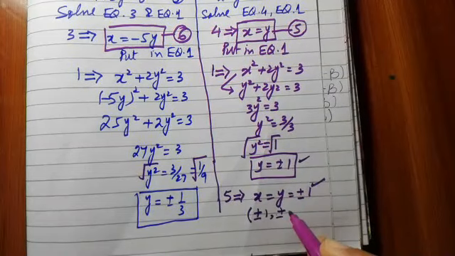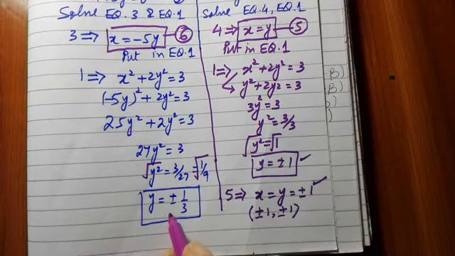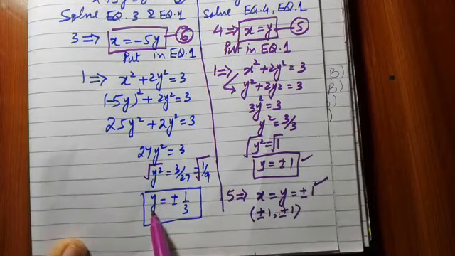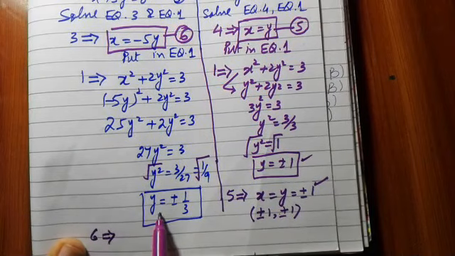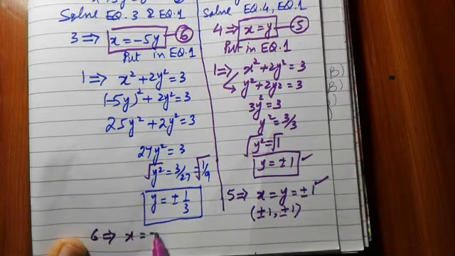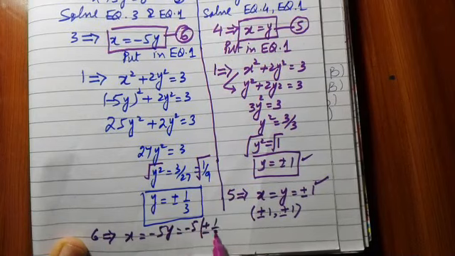So this will be the second ordered pair, and in the similar way, if we will substitute the value of y in equation number 6, that is x equals to minus 5y, then this is minus 5, and you substitute values of y, that is plus minus 1 by 3.